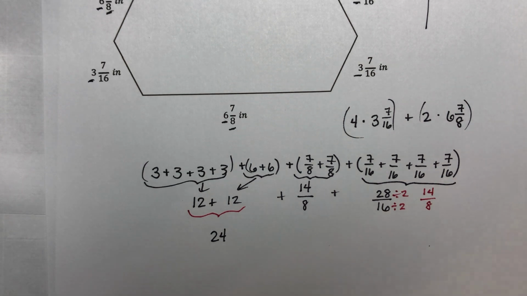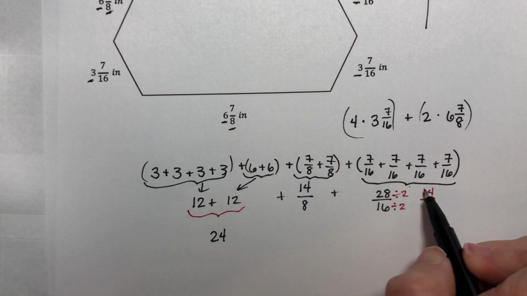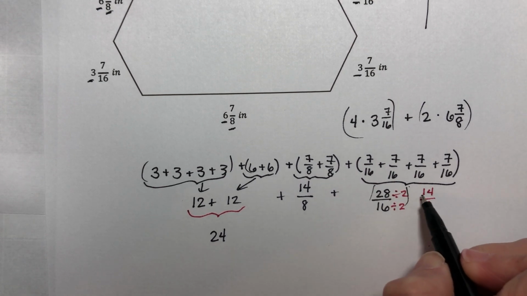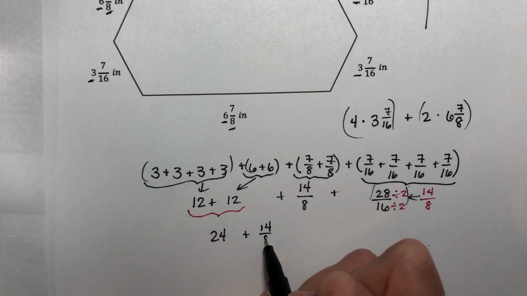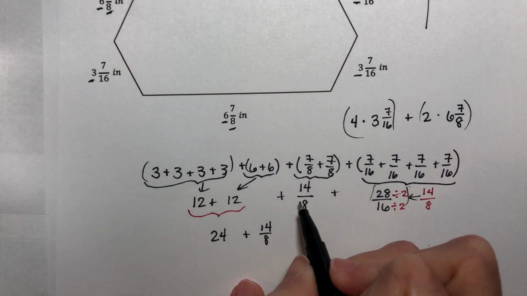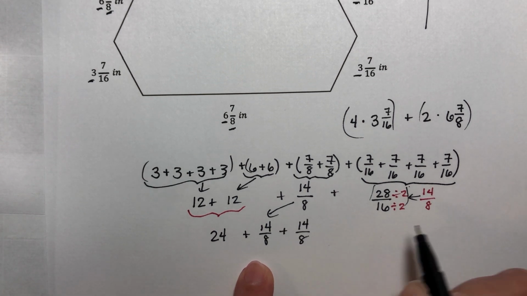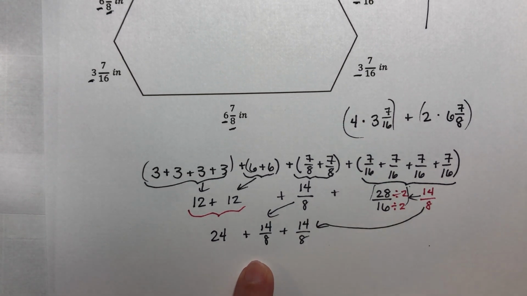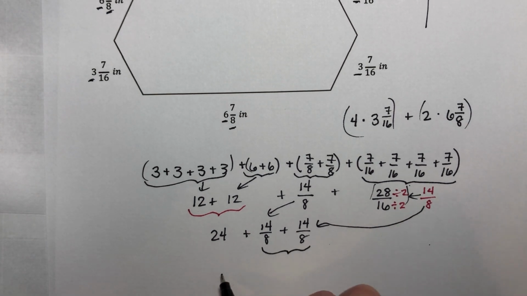So that would be the same as 14 over 8, which is the same as here. Okay, so I've rewritten this. This is the same as this. So I'm just going to rewrite my problem again. I have the 24 from here. This is from here. And this is right here. And now I have a common denominator here, so I can combine these.